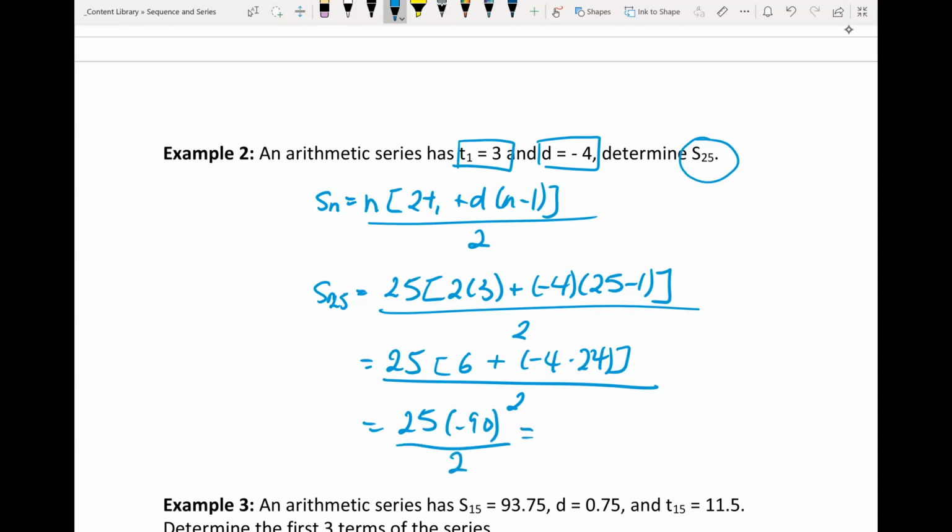And then negative 90 times 25 divided by 2 is negative 1,125. And that would be the sum of 25 terms. This makes sense because since our d is negative 4, our numbers become more and more negative as we go down the sequence. So it makes sense that our final answer for our sum is a large negative number.